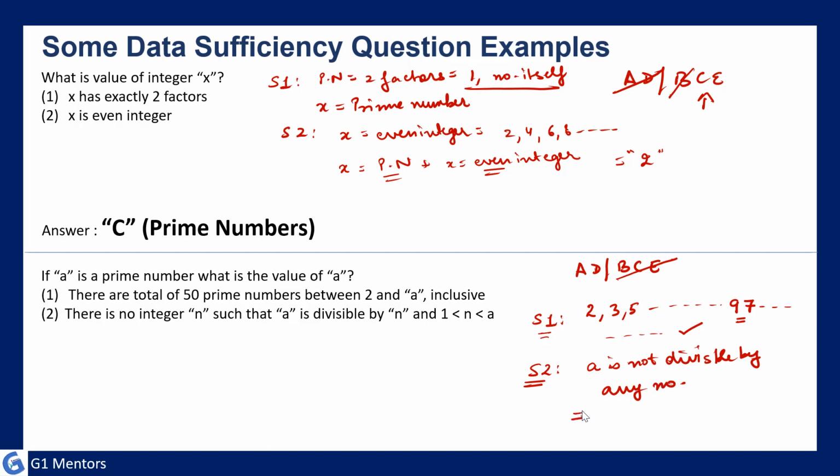That means it is saying that A is a prime number, which is already given to us in the question stem. So statement 2 alone is not sufficient to answer the question. So the answer to this question is A.